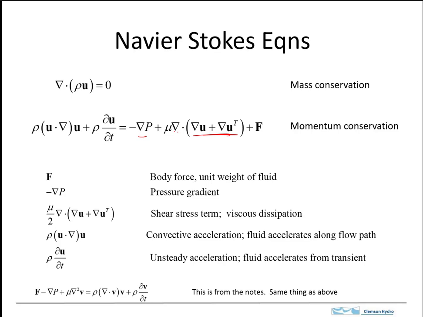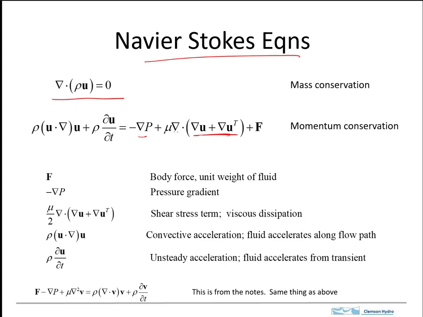Okay, so now these are what's called the Navier Stokes equations. If it's steady state, then the mass conservation just looks like this: steady state with no fluid pressure source.